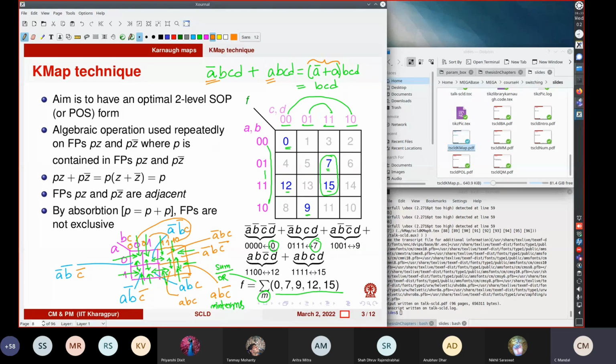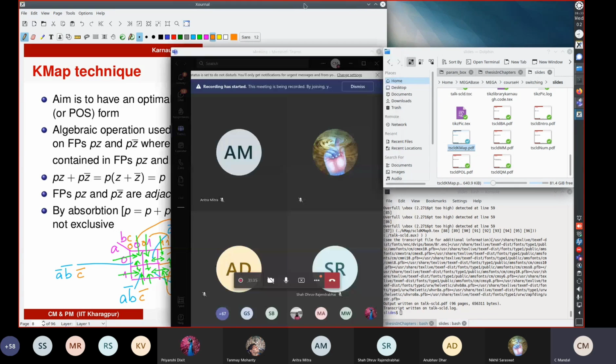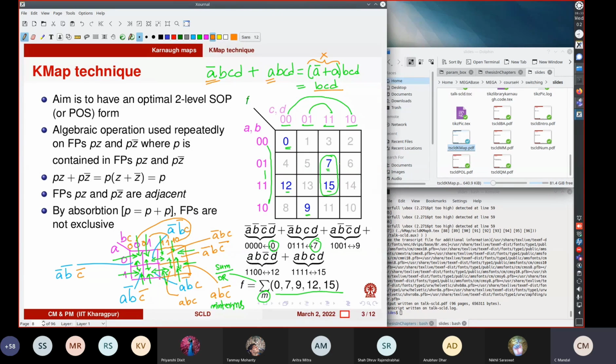So this gets eliminated, and that is how you minimize. This is a simple example where you have only a pair of min terms that are adjacent to each other, 7 and 15.